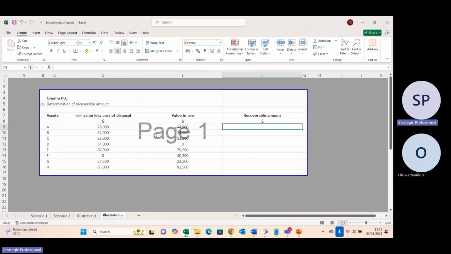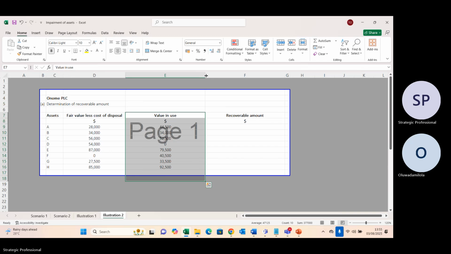So the definition does not just stop at sale. If you look at that definition, it is indirectly explaining fair value less cost of disposal and value in use.